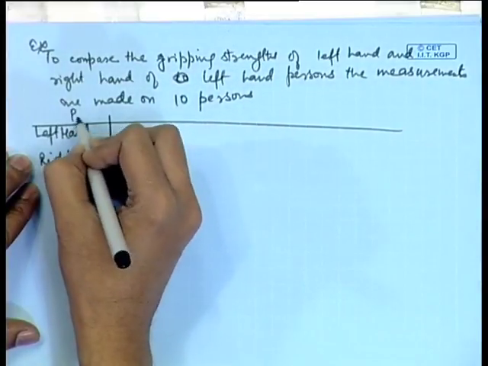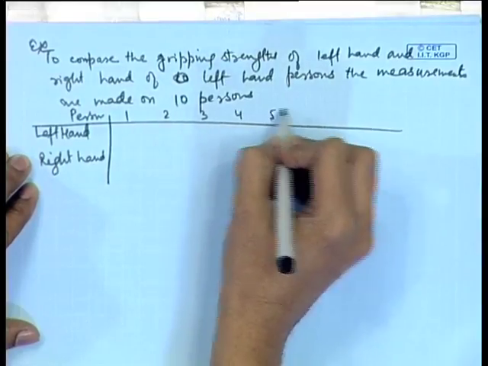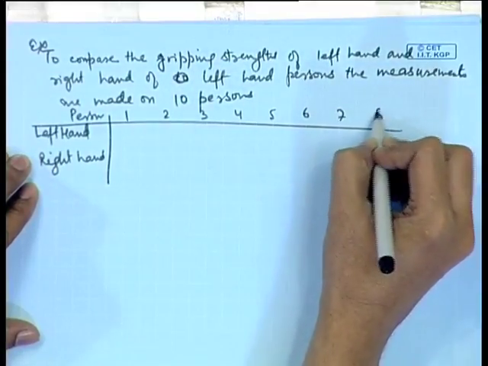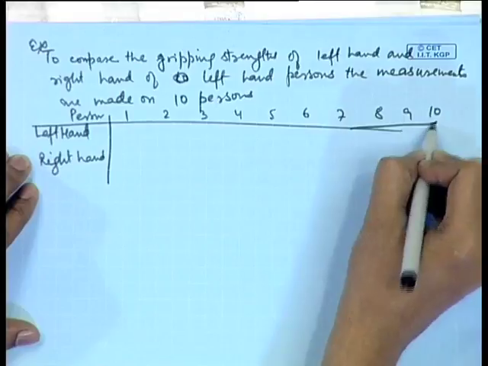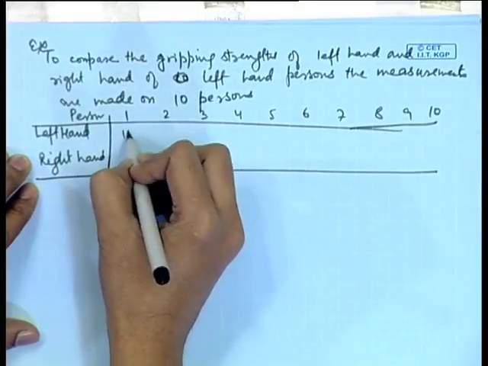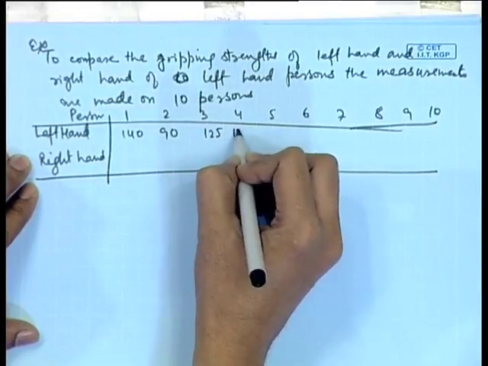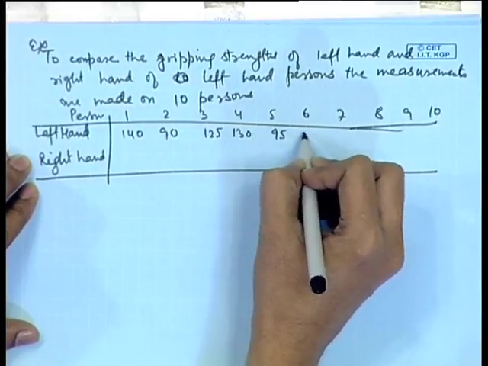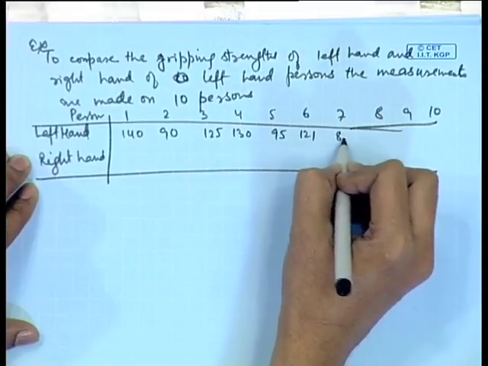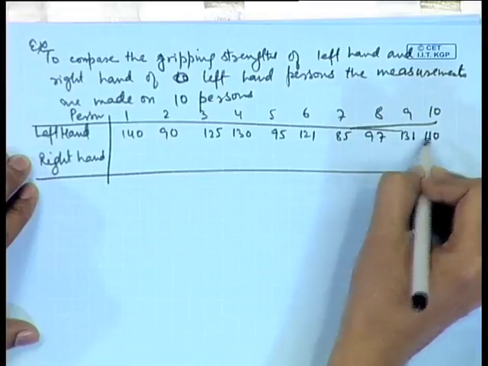And we have persons 1, 2, 3, 4, 5, 6, 7, 8, 9 and 10. The gripping strengths are measured as 140, 90, 125, 130, 95, 121, 85, 97, 131, 110.